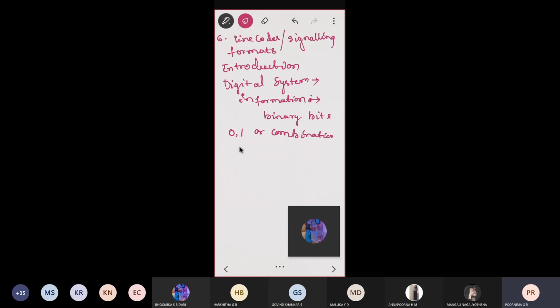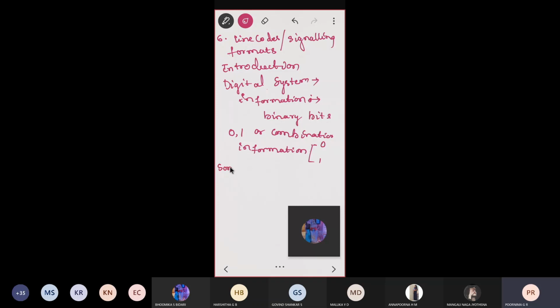Sometimes the information will be considered as an individual bit, which may be either 0 or 1. Whenever the entire information is transmitted digitally through two signaling levels, 0 or 1, it is termed digital information.